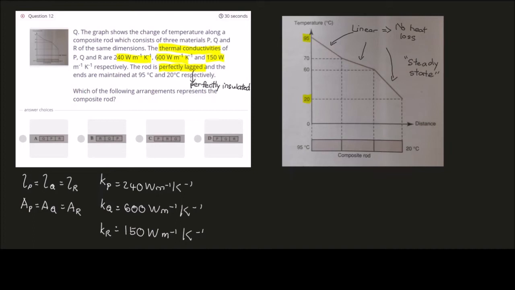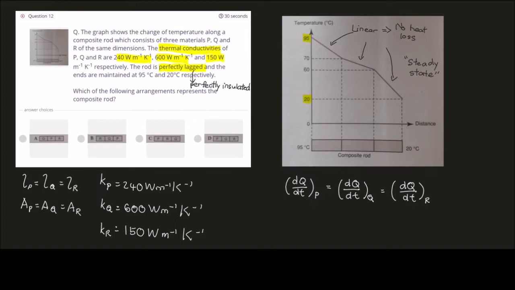We can reasonably use this formula now. The rate of heat flow for rod P is equal to the rate of heat flow for rod Q. Okay, we seldom do this, but for now we are just doing it for the sake of comparison. So dQ/dt, we can connect it together into one equation, so P, Q, R. So now if you want to break it down, let's just remove the negative sign.